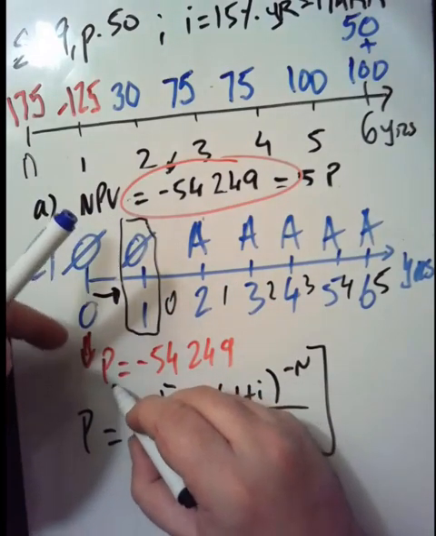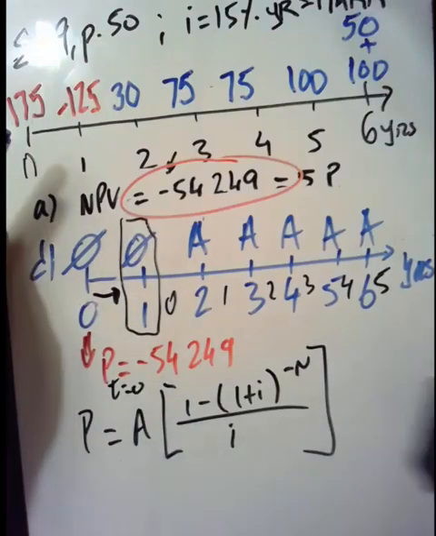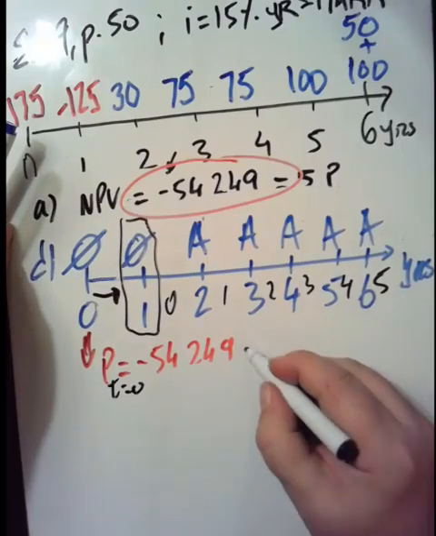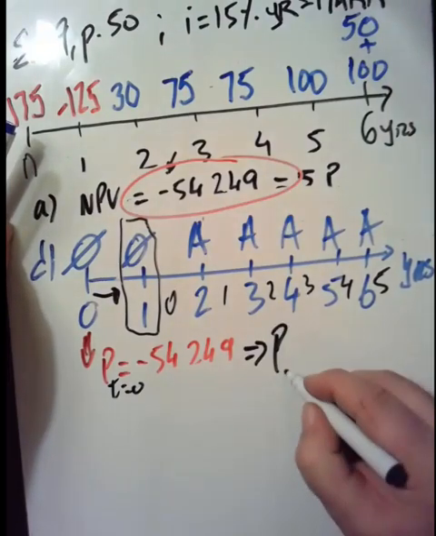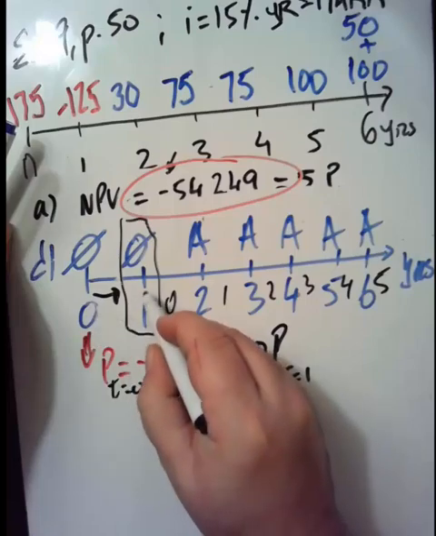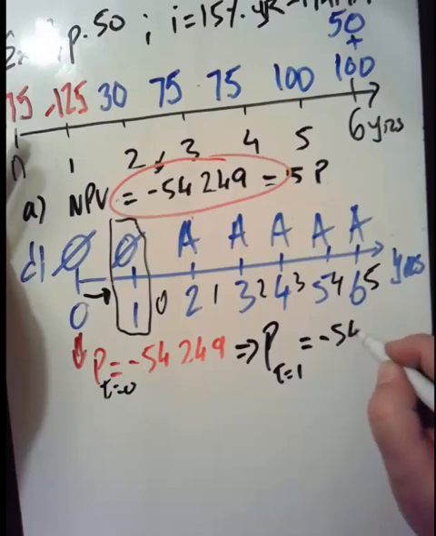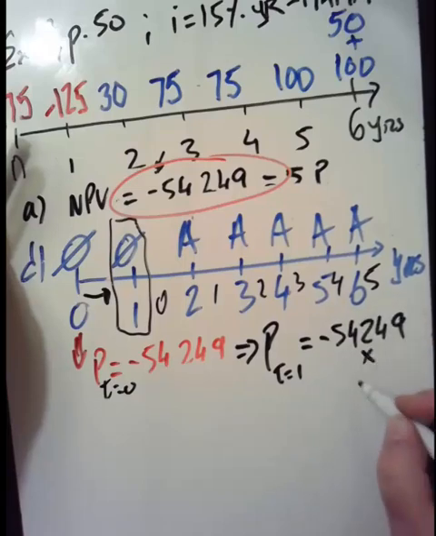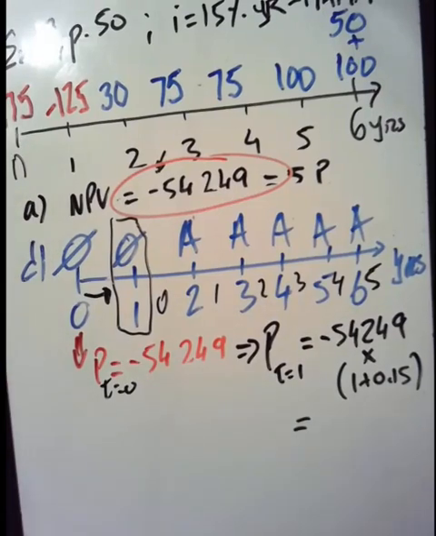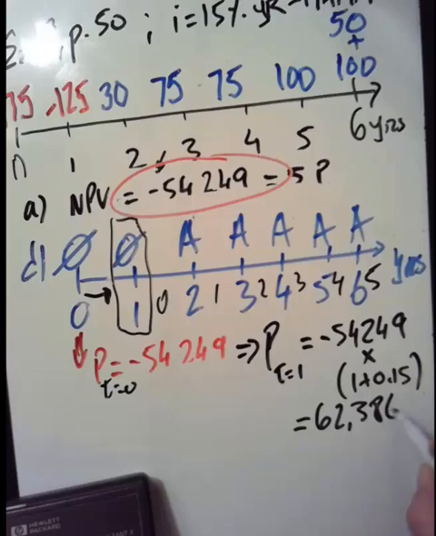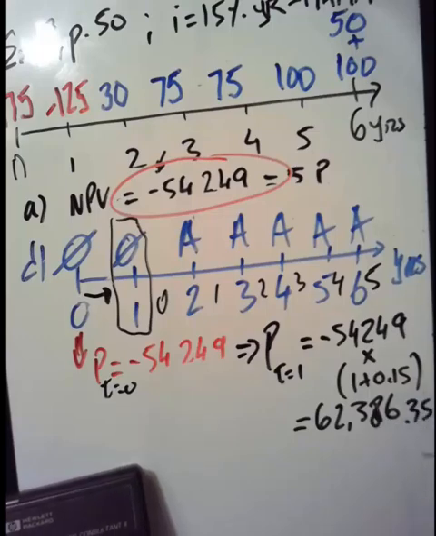So this is the present value at time 0. And therefore, the present value at time 1, it's equal to that amount times 1 plus the interest rate. So at time 1, the present value is 62,386.35.